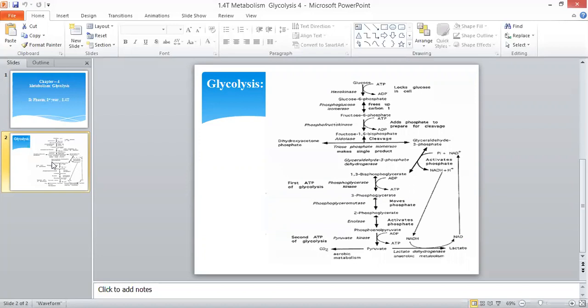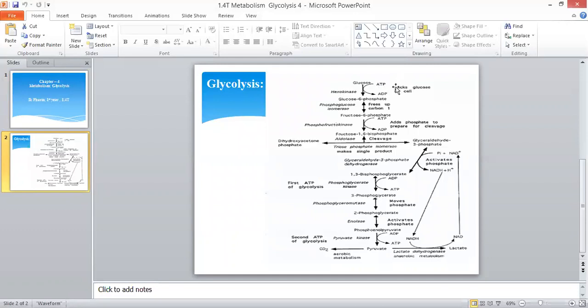The reactions involved in glycolysis are: first, glucose to glucose 6-phosphate. This reaction is catalyzed by the enzyme hexokinase. ATP acts as the phosphate donor.